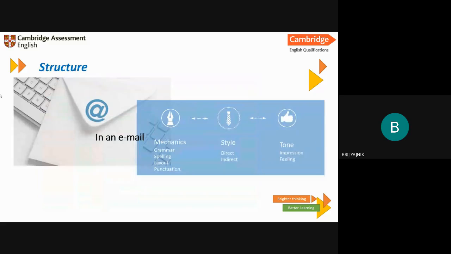Then we moved on to the structure, in which we understood mechanics, style, and tone.